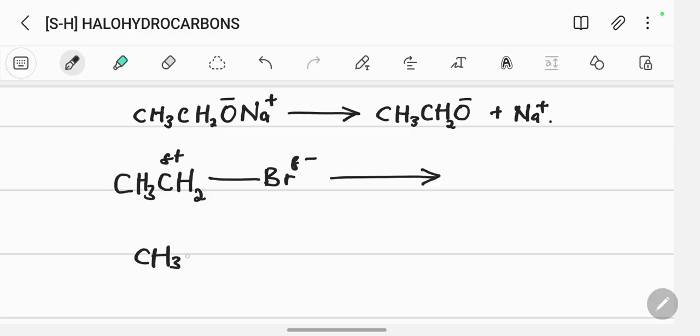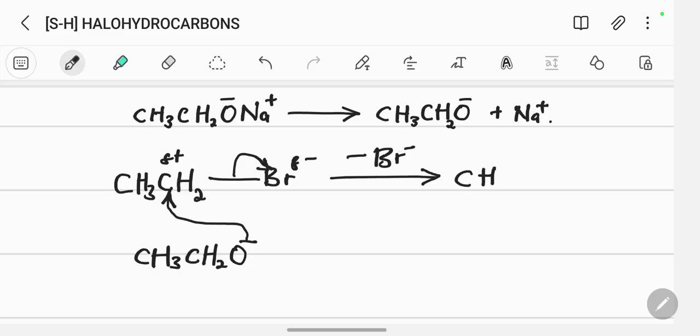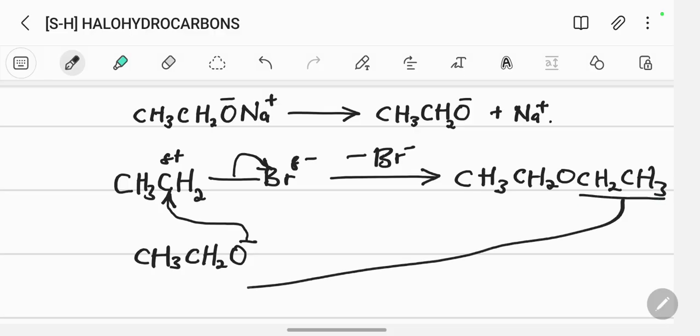CH3CH2O minus attacks there, and our bromine is going to break off, and we lose that bromide ion, ending up with CH3CH2OCH2CH3.